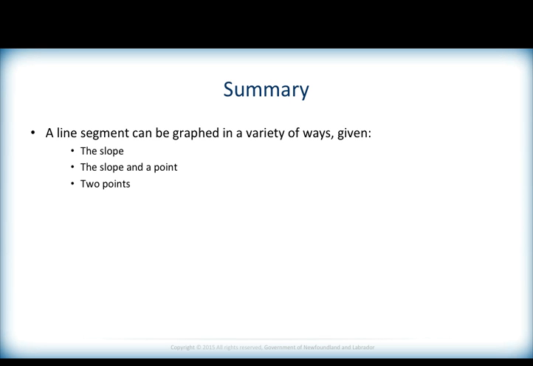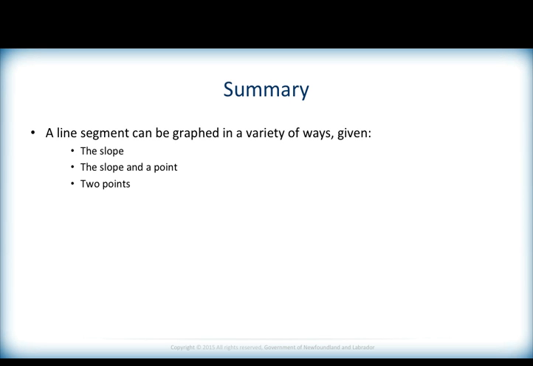Or you could be given 2 points, just 2 coordinate points. For an example, you could have 1 and 2, -3 and +7. If this is the case, you don't know the slope. You could start off with one of the points, but you need to find the slope first. So if you're in this situation where you're given 2 coordinate points, first you need to find the slope by using y2 subtract y1 divided by x2 subtract x1.